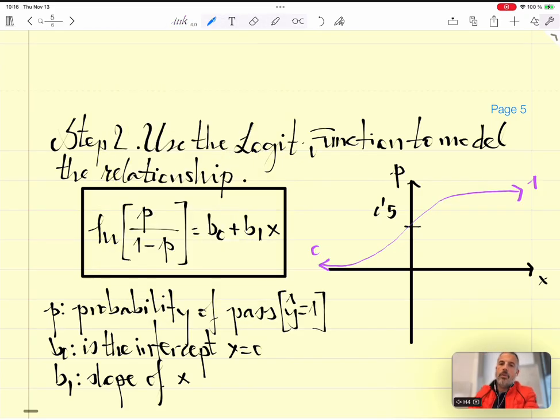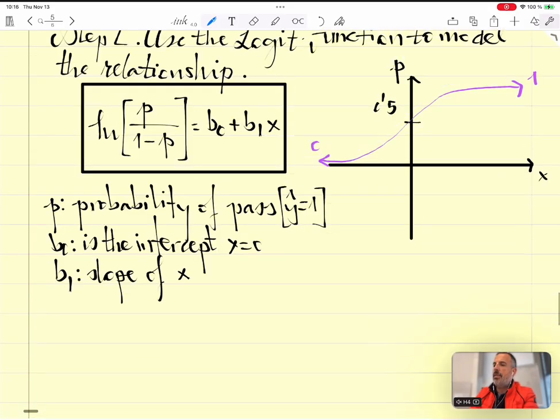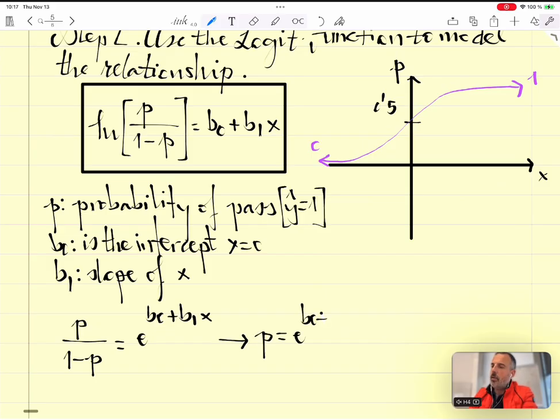So to solve this, we have a little bit of math, okay? So p divided by 1 minus p equals the exponential of b0 plus b1x. This means that p equals exponential of b0 plus b1x minus p times e to the b0 plus b1x.